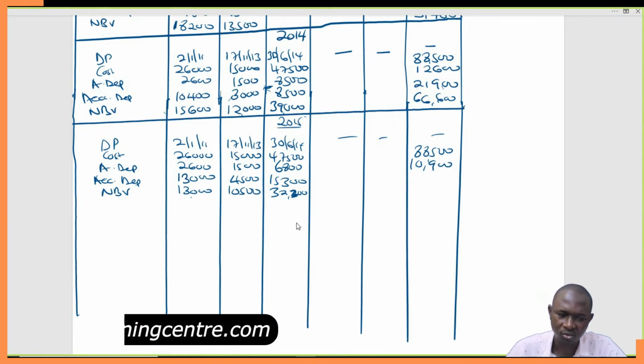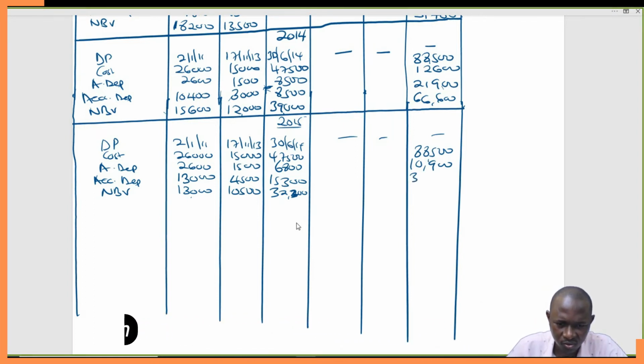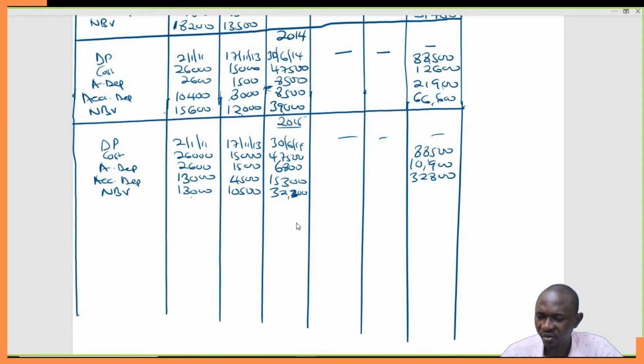That gives us 32,800. So 32,800, that is the accumulated depreciation over time for all the three machines, minus 88,500. That gives us 55,700. 55,700 is the value of these machines as at the end of 2015.